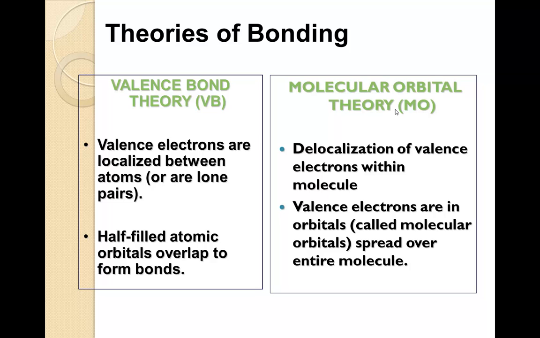The valence electrons in the molecular orbital theory are in orbitals called molecular orbitals. And they spread over the entire molecule, not just specific locations. And we will once again talk about the molecular orbital theory in the next tutorial.